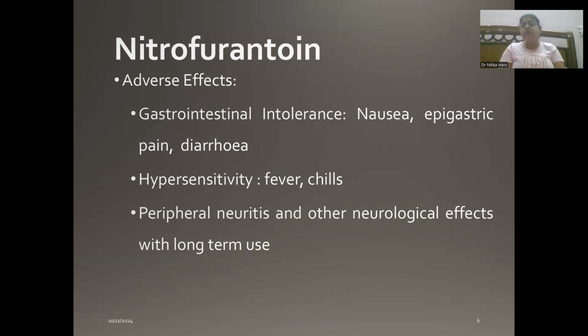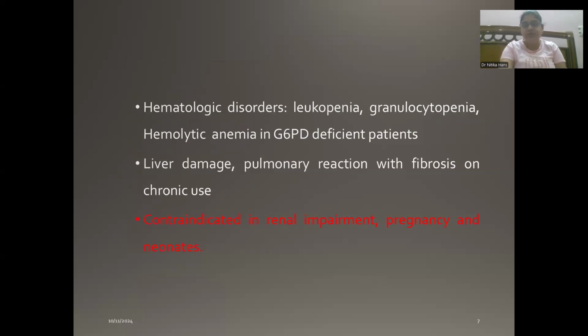Adverse reactions of nitrofurantoin: nausea, epigastric pain, diarrhea, gastrointestinal intolerance, hypersensitivity reactions like fever and chills. It can cause peripheral neuritis, inflammation of the nerves in the periphery, and other neurological effects with long-term use.